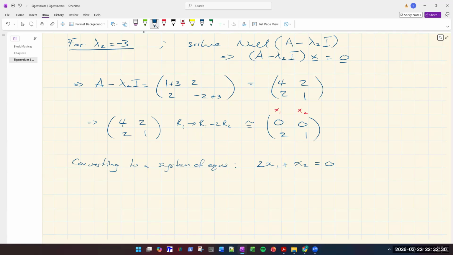And again, we should be expecting one free variable because we know the dimension of the space is 1. And we could take, for example, x1 as the free variable. Right, so that gives x2 is equal to minus 2x1.